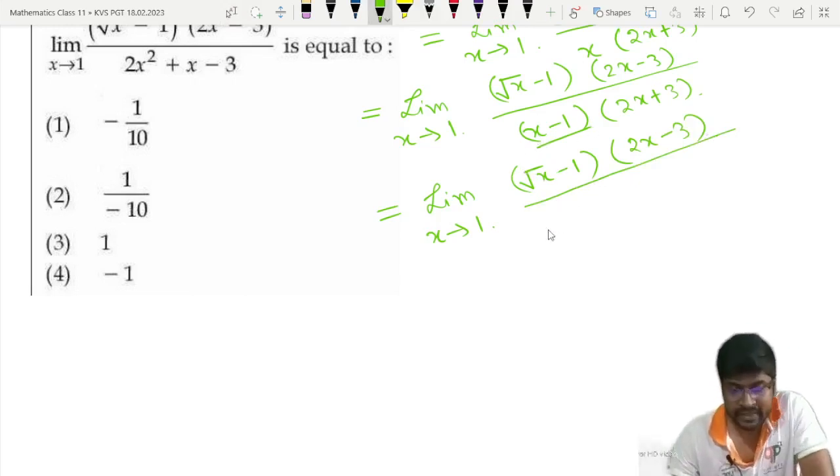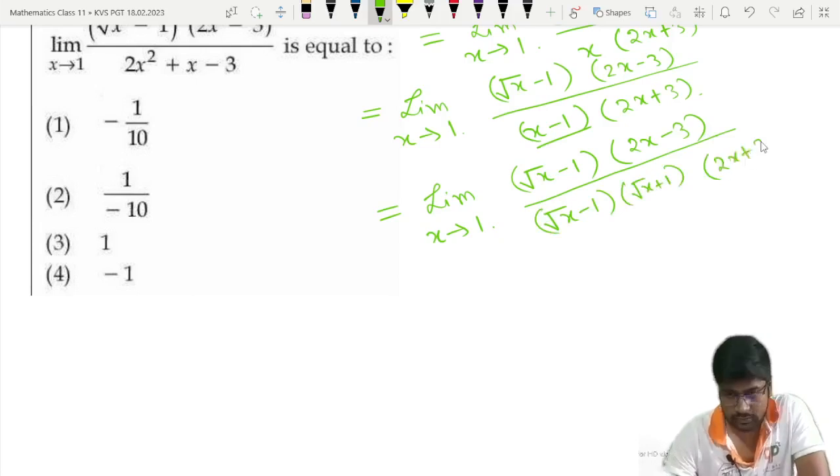This x minus 1 I can write as root x minus 1 into root x plus 1, into 2x plus 3. Now I think everyone can do it. Root x minus 1 will be cancelled. Now you can put the value of x equal to 1.